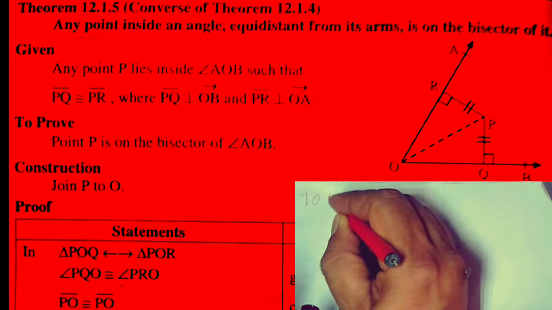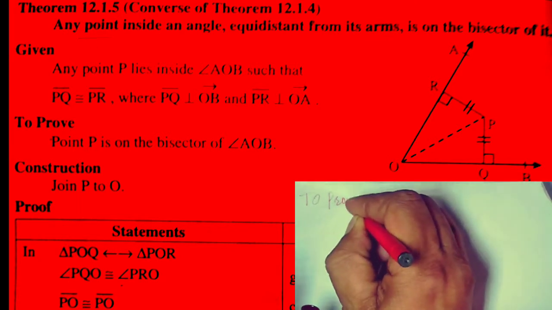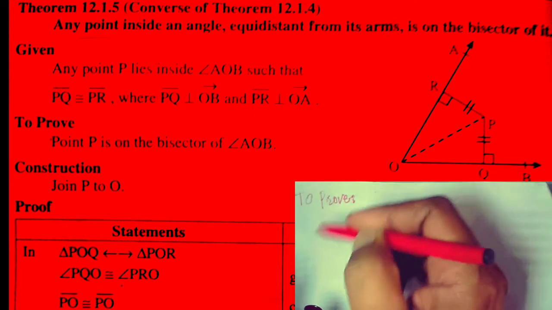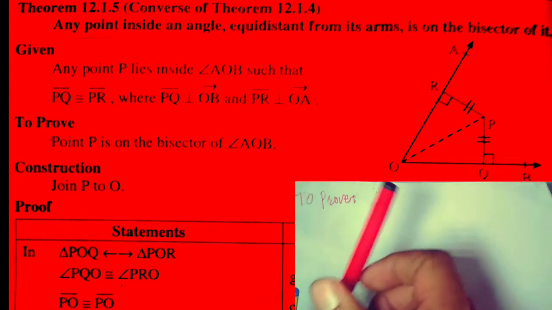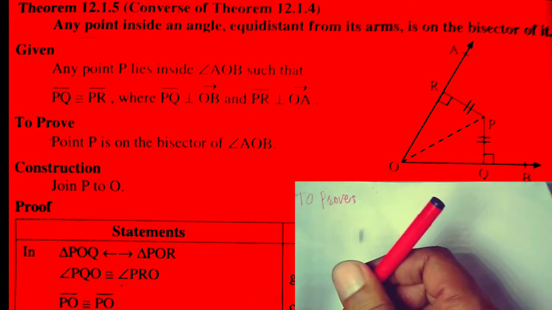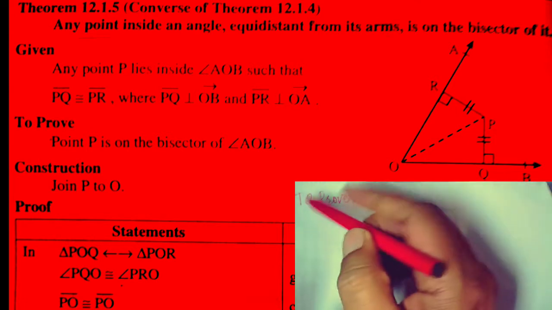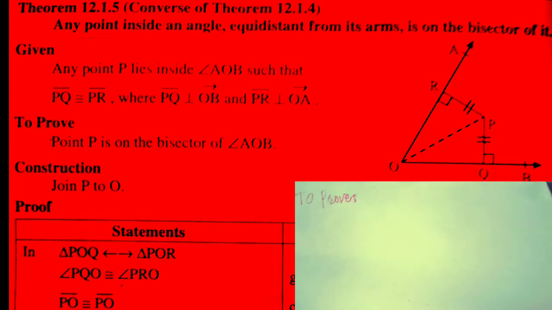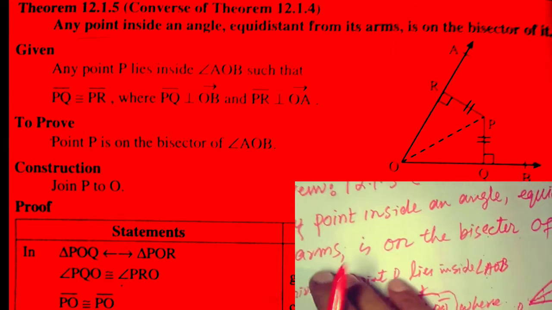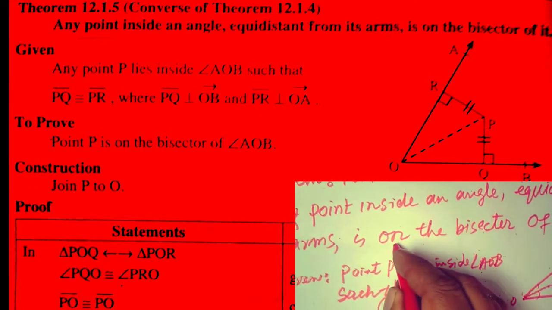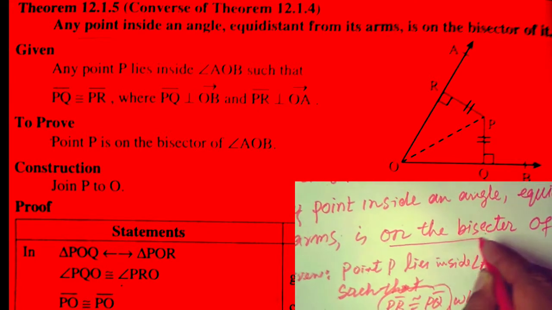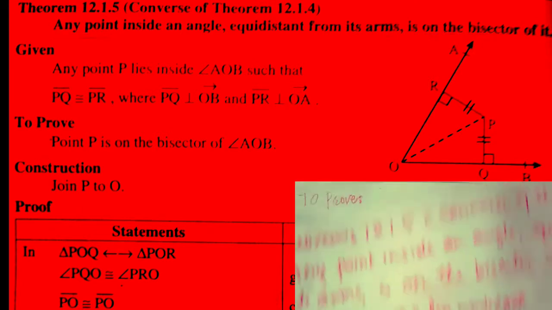To prove: point P is on the bisector of angle AOB.